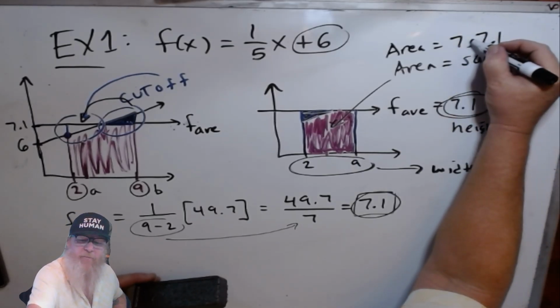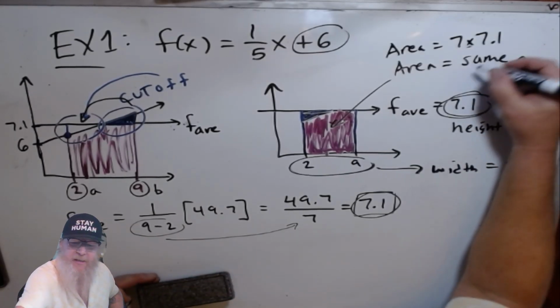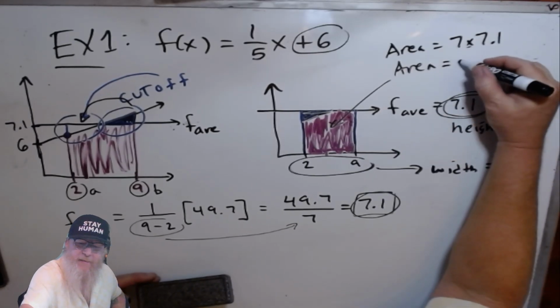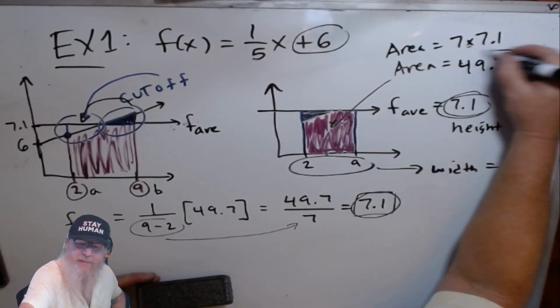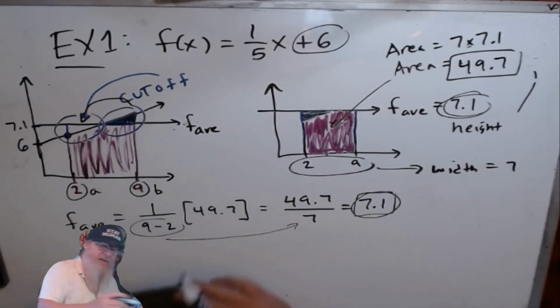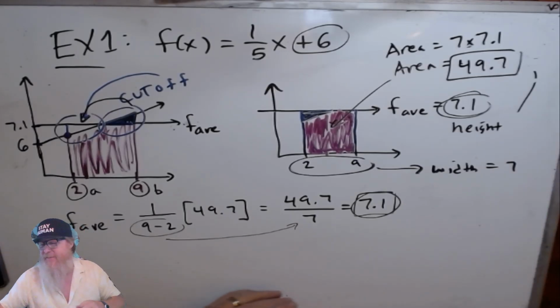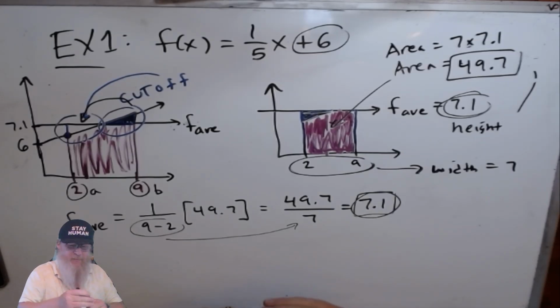I could use an old-fashioned X for times, which I rarely ever do. And I'm still going to get 49.7. So this rectangle will have exactly the same area as the original problem. And that is the entire concept of average value.